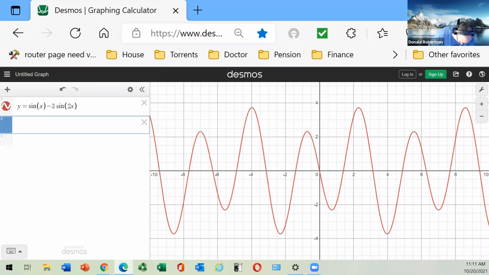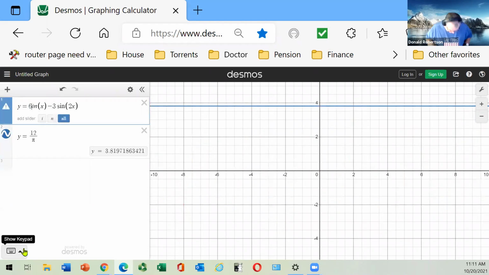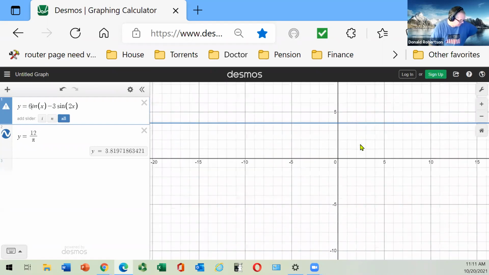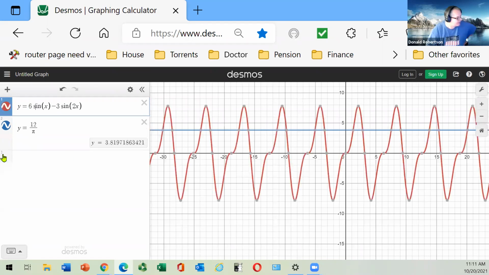And then we're going to put y equals, type in pi for pi. Question. Was it 6 sine x for that first term, or did I miss something? It was 6 sine x, and thank you for picking that up because I missed it.